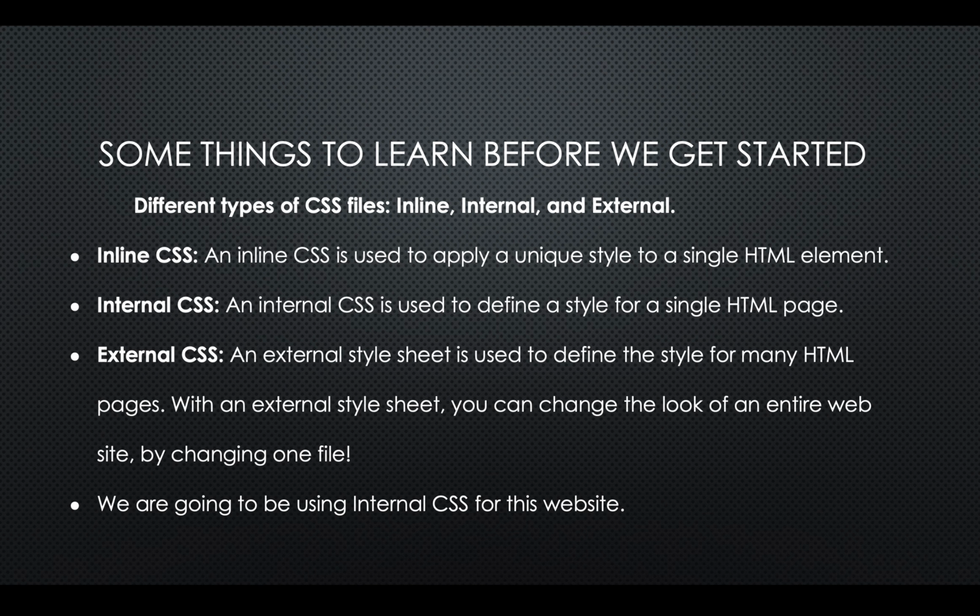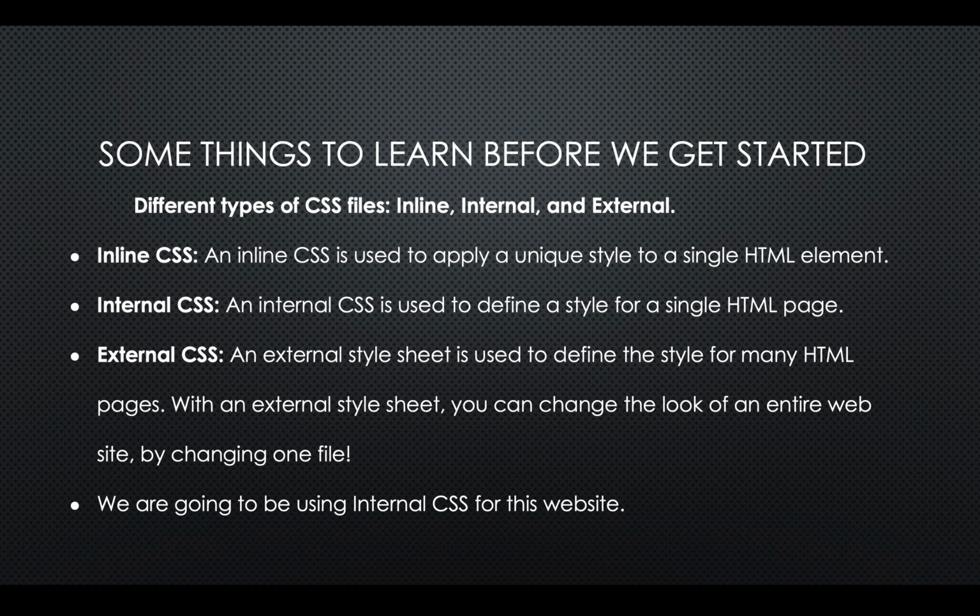An external CSS, which you will get into a little bit later on down your coding road if you choose to continue with this, is an external style sheet used to define the style for many HTML pages. With an external style sheet, you can change the look of an entire website by changing one file.